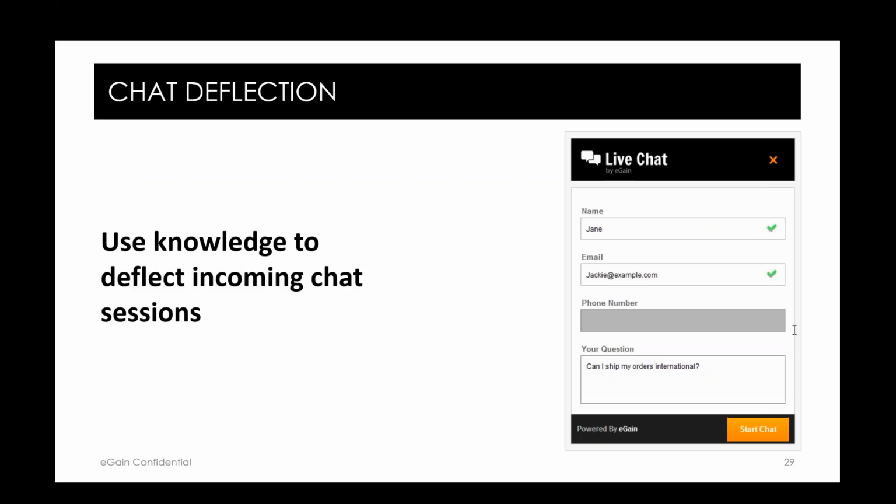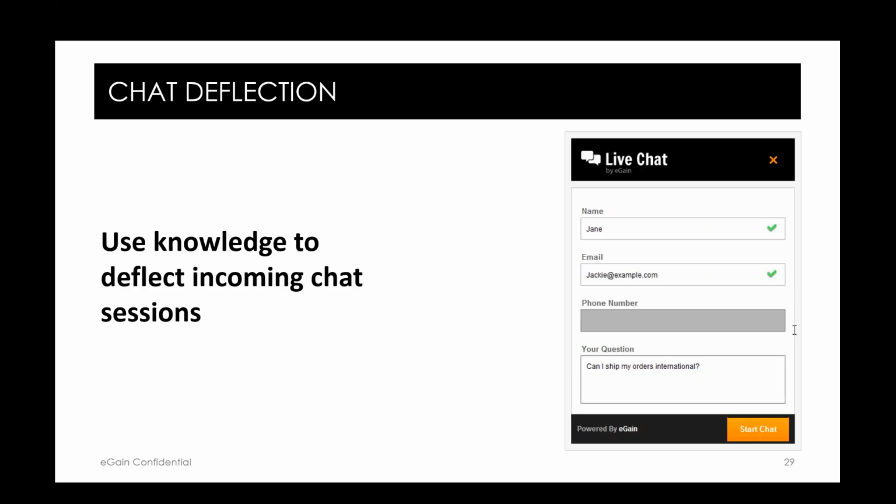Chat deflection, I think this is really important. We've done this in the field for a very long time. We claim that knowledge is important across the board when it comes to servicing customers. Deflection is an important part of that. It's basically moving customers away from assisted service into self-service.